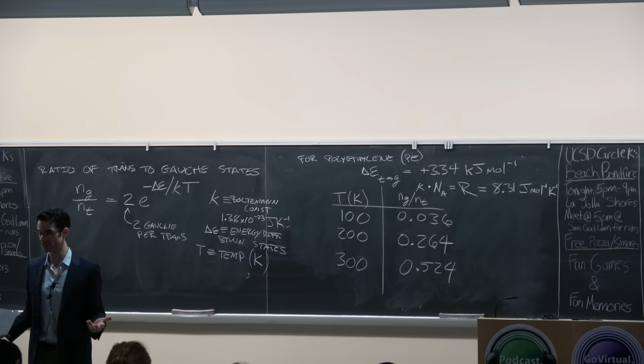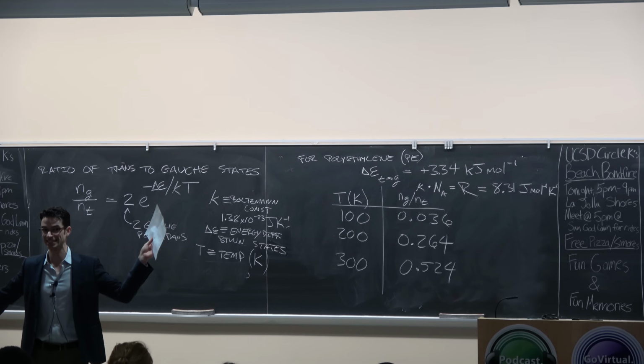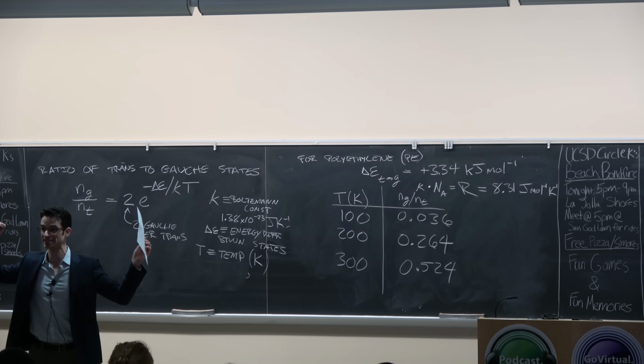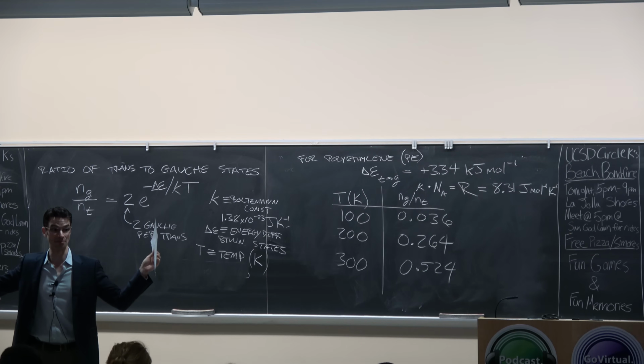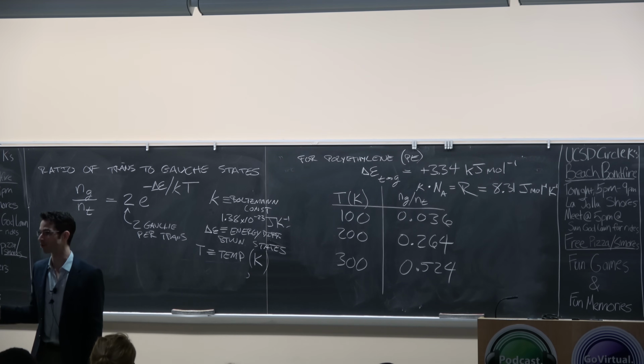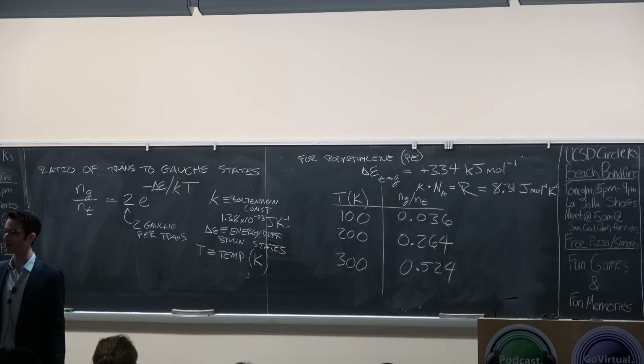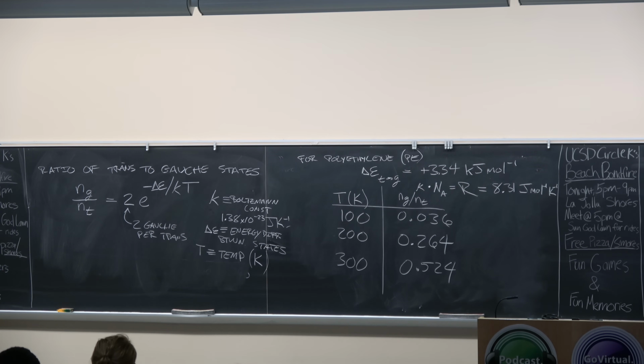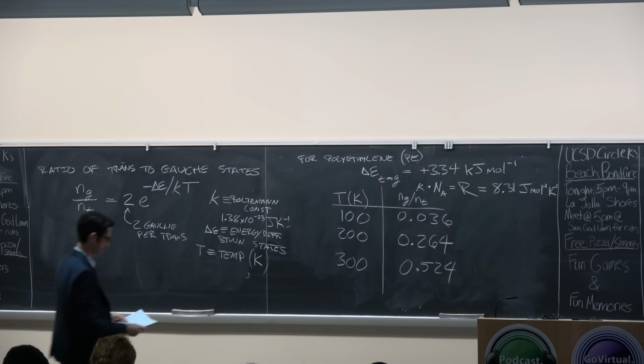You have more gauche states. Remember, the trans states are the extended states. The gauche states are the ones that allow the polymer to fold back on itself, ultimately. So if you have more folds, more ability to fold the chain in solution or in the liquid phase, then statistically the blob will get smaller as you increase the temperature, because you're populating more of the conformational states that allow bending of the chain.